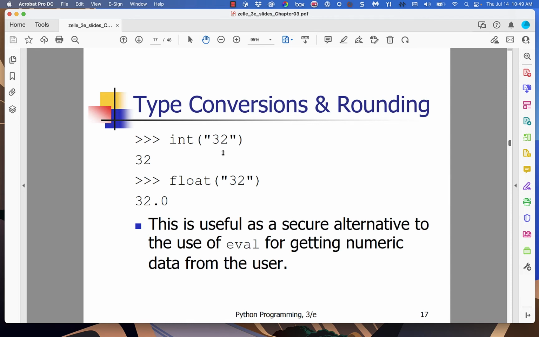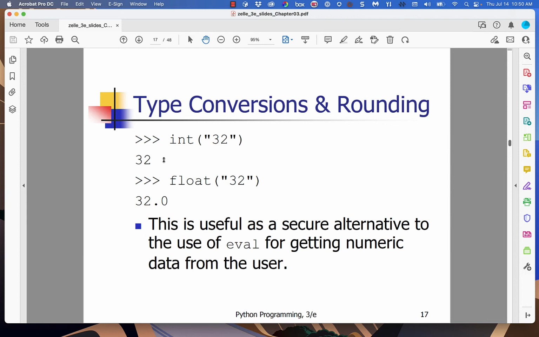Now we can convert from strings to internal number values. And this is sometimes pretty challenging for new programmers because in our thinking as lay people going around in the world, the difference between a character string 32 and an internal integer type value 32, a string 32 and an int 32, it's not part of our normal thinking.